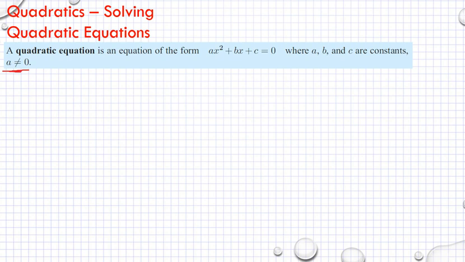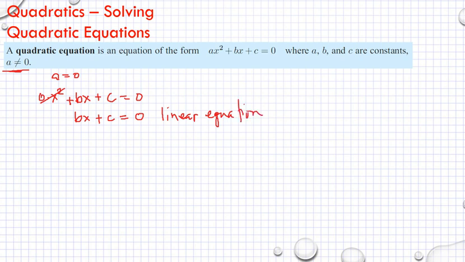Because when a is equal to 0, then you have 0x squared plus bx plus c is equal to 0. Then this will become 0, so you have only bx plus c is equal to 0. As you can see, you don't have any square anymore. You don't have a degree 2. Then this is called a linear equation.